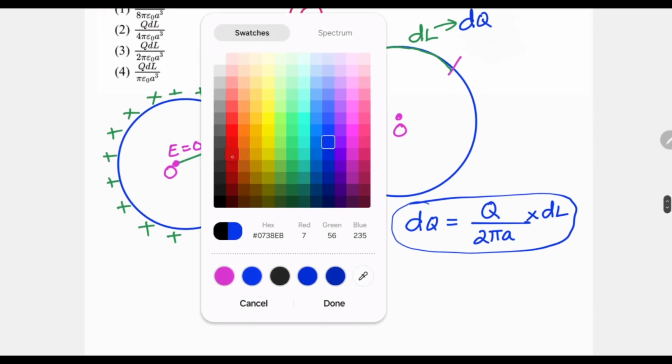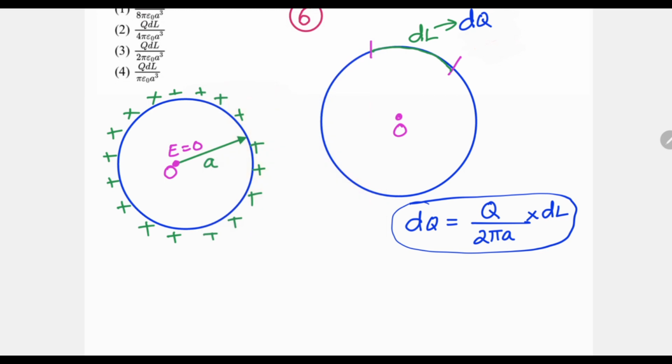Now the concept is like this. It's very interesting. Electric field due to the small length dl plus electric field due to the remaining part was initially equal to 0. That means before cutting, electric field due to that small length plus electric field due to remaining length was equal to 0.